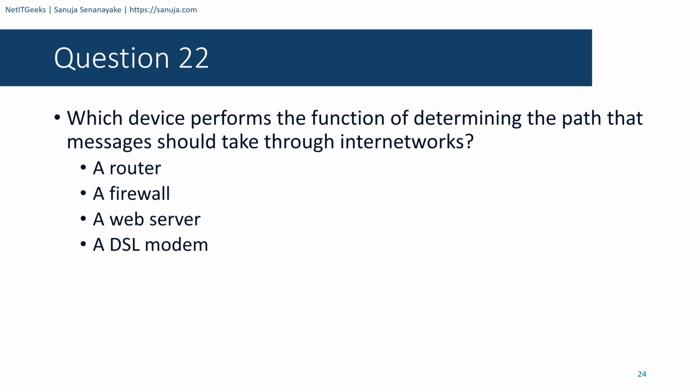I used the word routed, so I already gave you kind of the answer. A router, a firewall, a web server, or a DSL modem. The primary function of a router is routing packets. So the answer is a router, because it decides where the message is going to be routed through your network.